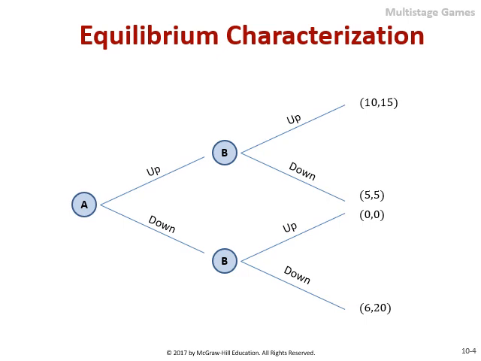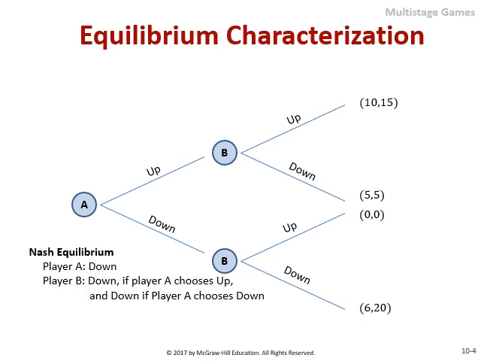This is why it's not a simultaneous game, because we have one player moving first and then the other player moving afterwards. Here in this game, player A is the first mover and player B is the second mover. A possible Nash equilibrium for this game is that player A plays down, and player B's strategy is down if player A chooses up, and down if player A chooses down.